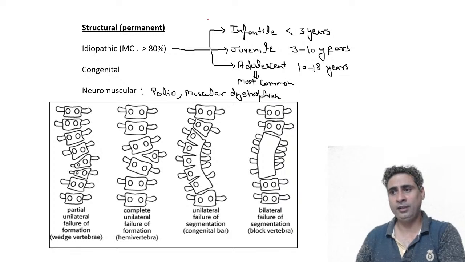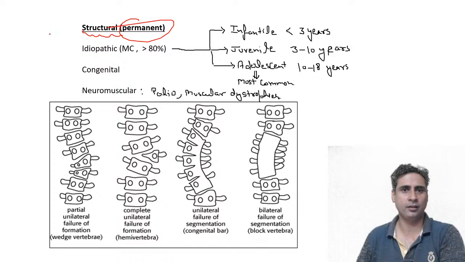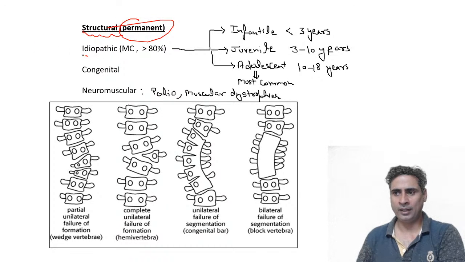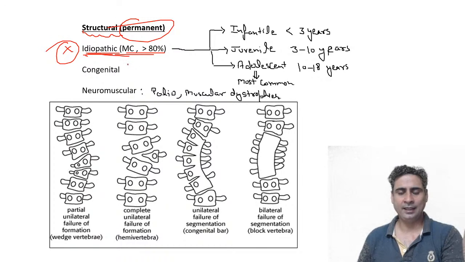Now mainly we are concerned with the structural type of scoliosis, which is the permanent scoliosis. The most common type is idiopathic, more than 80% of cases. There is neither a defect in development of the vertebrae, nor any neuromuscular problem.